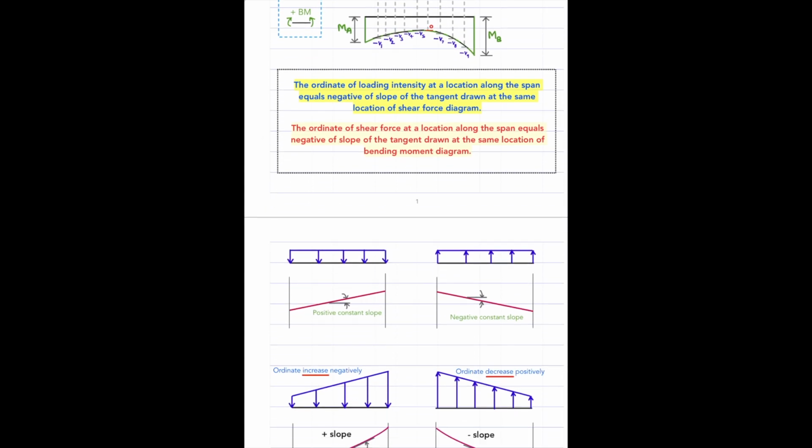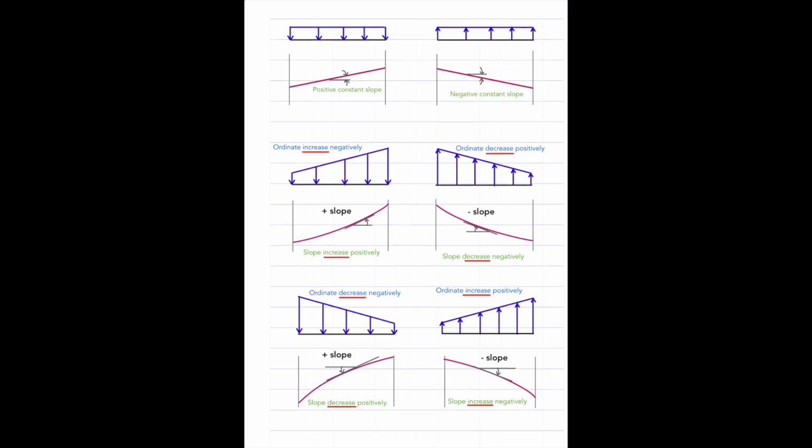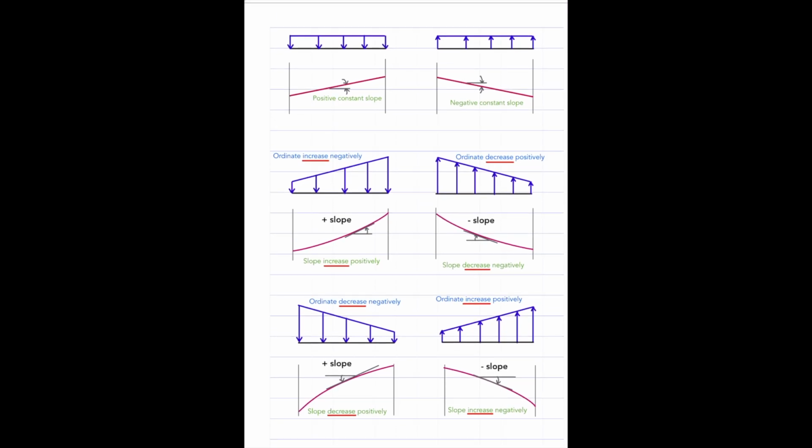In order to aid us in this regard, we are going to see some typical variations which we usually encounter. Typical variations of loading, I mean. So, for example, we see this loading here, which is the uniformly distributed load acting downwards. Now, this can be a load diagram or even a shear force diagram. You can see it in both ways.